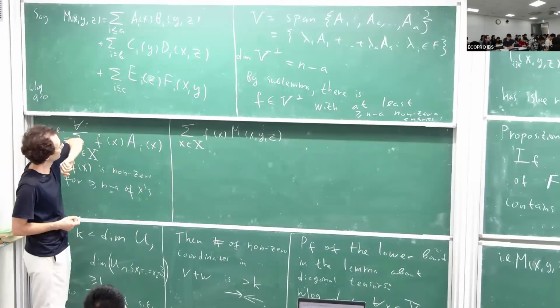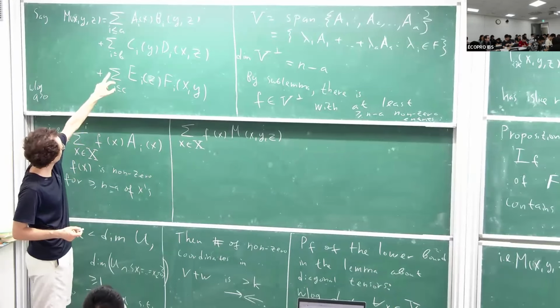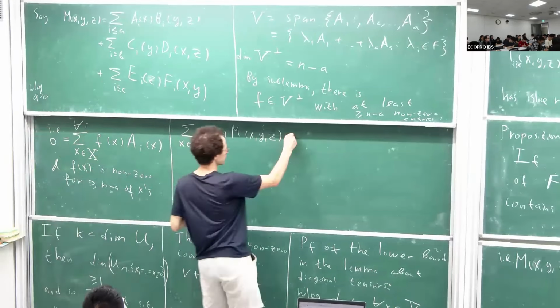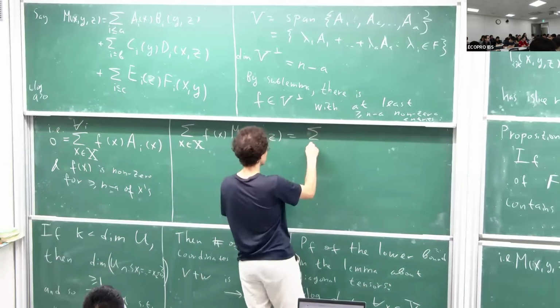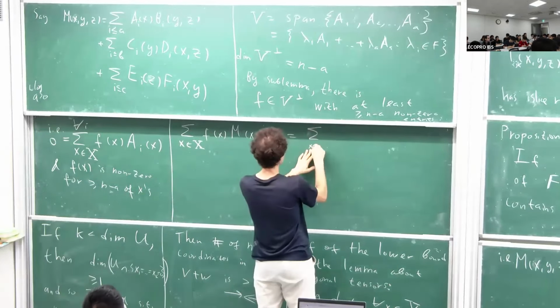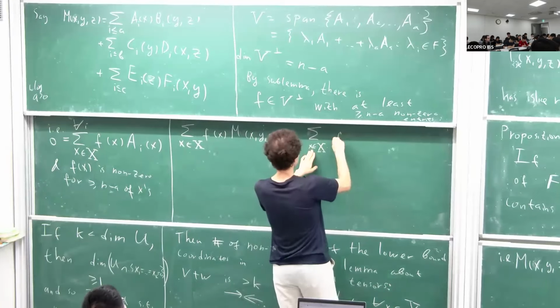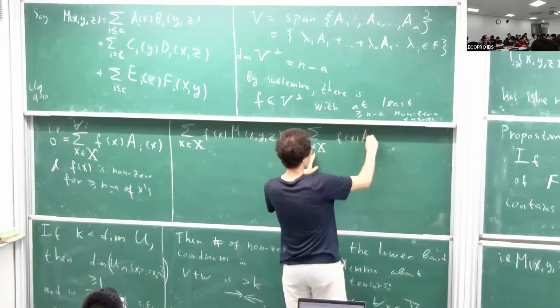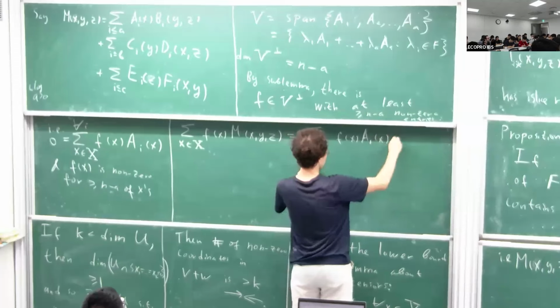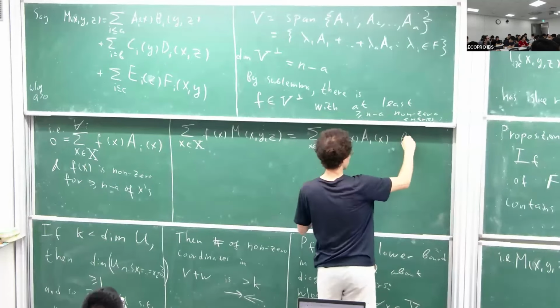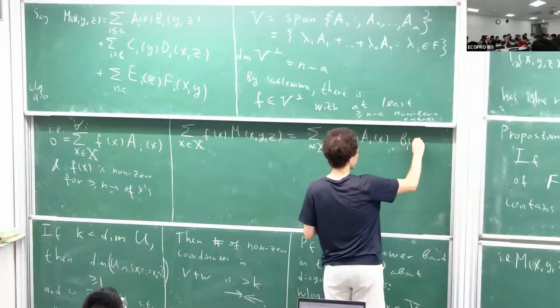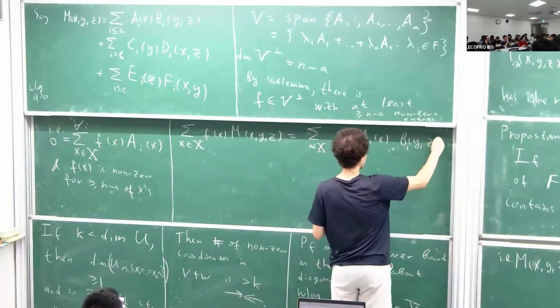When I look at the first summand, I'm going to get f of x times a_i of x, and there is going to be some b_i of y times c_i of z.